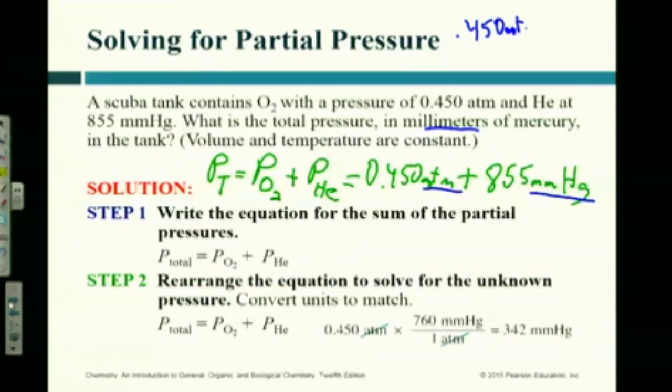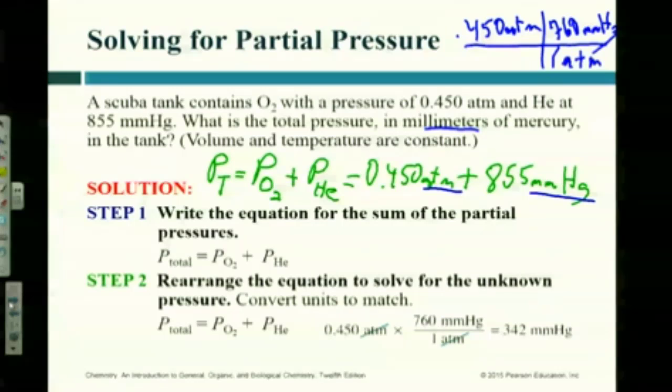0.450 atmospheres. Anybody remember the conversion? Somebody said it. 1 atmosphere is 760 millimeters of mercury. So how many millimeters of mercury is that? 300 and how many? 42.